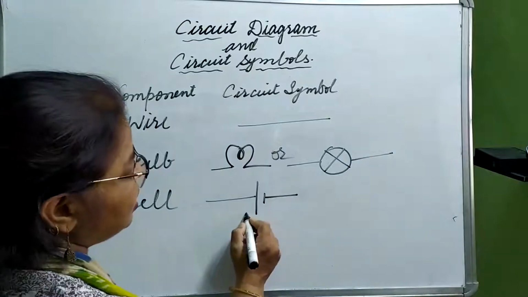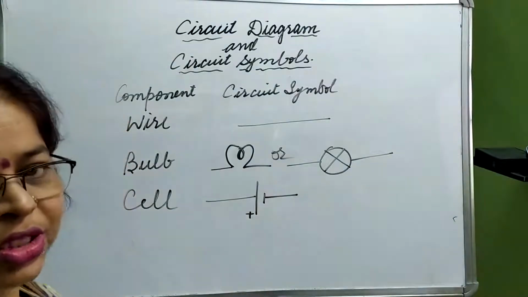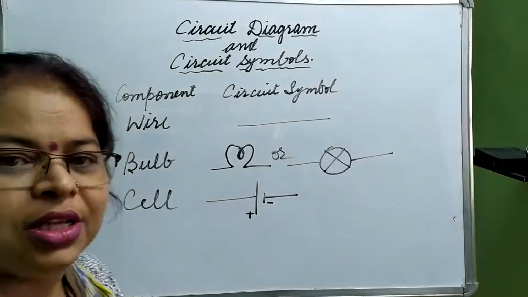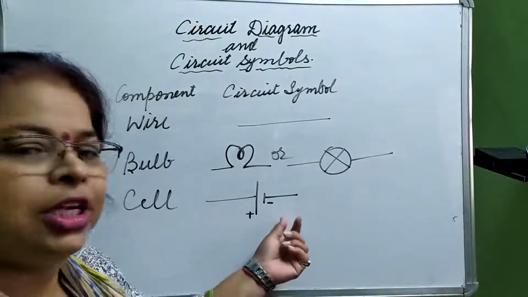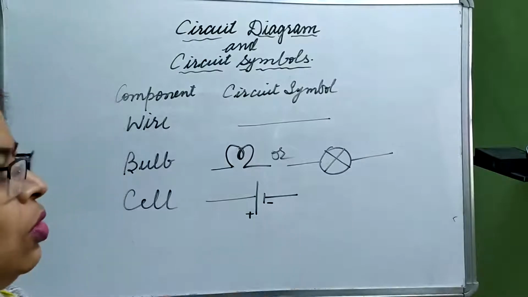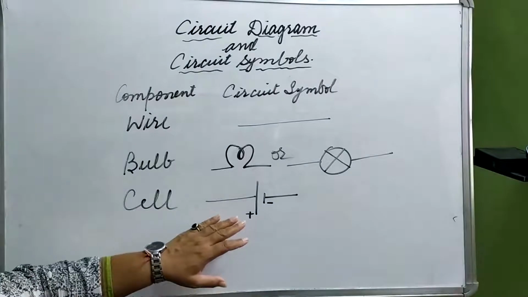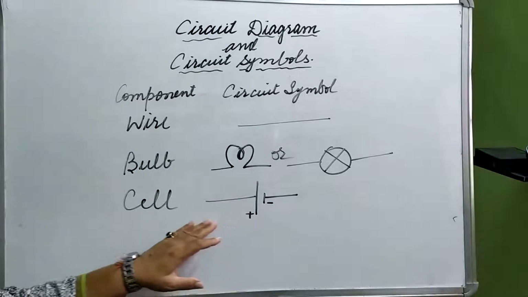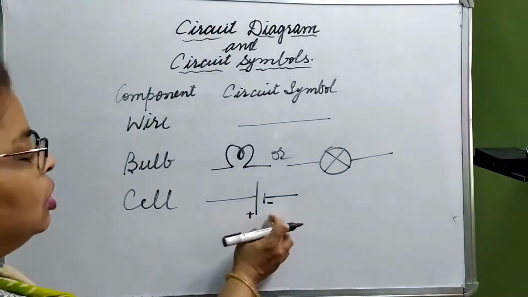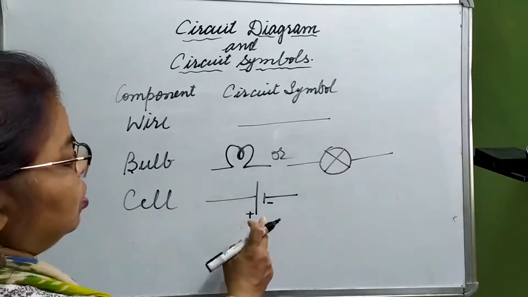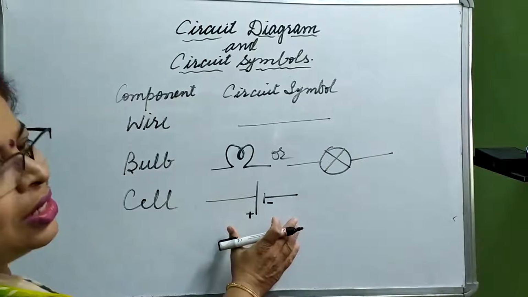The bigger line always represents the positive terminal and the smaller one represents the negative terminal. What is the purpose of a cell? It is the source of current and consists of two terminals, positive and negative. So this is the representation of a cell.